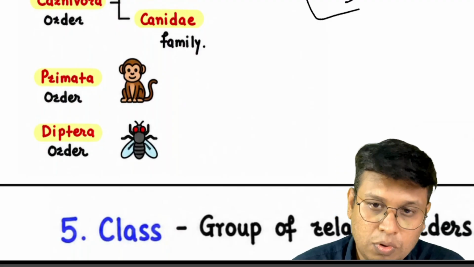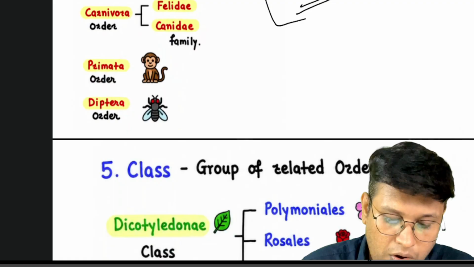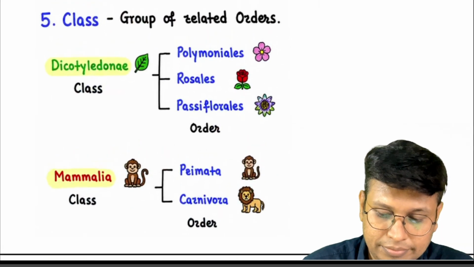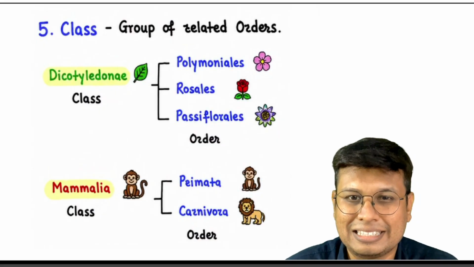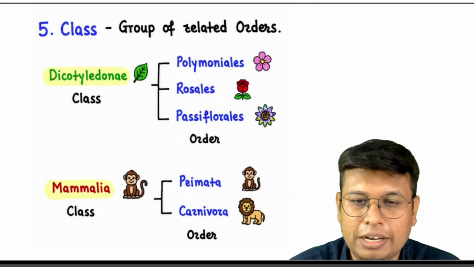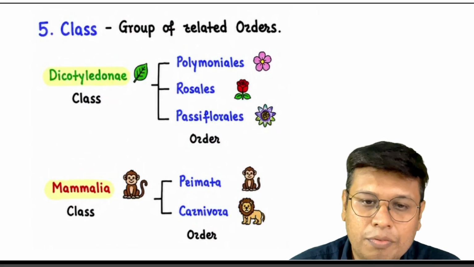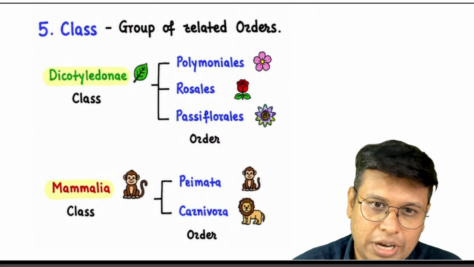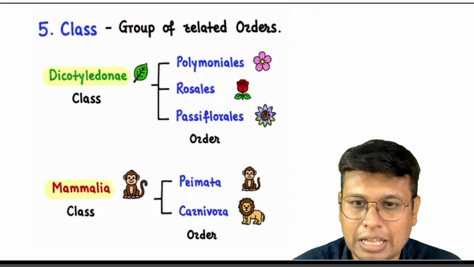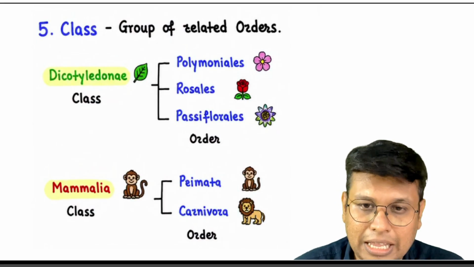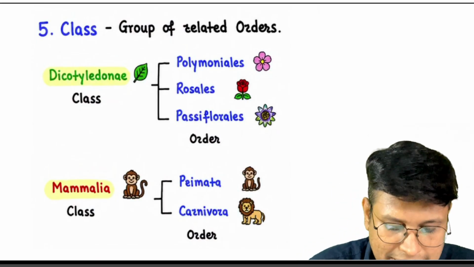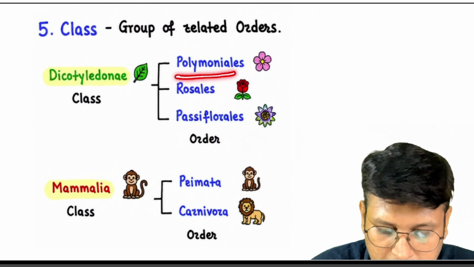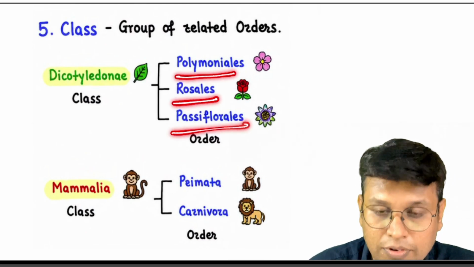Okay, so what is above the order is class. Again, it's simple: a group of related orders is a class. We have two classes in plants, dicot class and monocot class, and many classes in animals such as Mammalia and Pisces. For examples, see Polemoniales, Rosales, and Passiflorales.